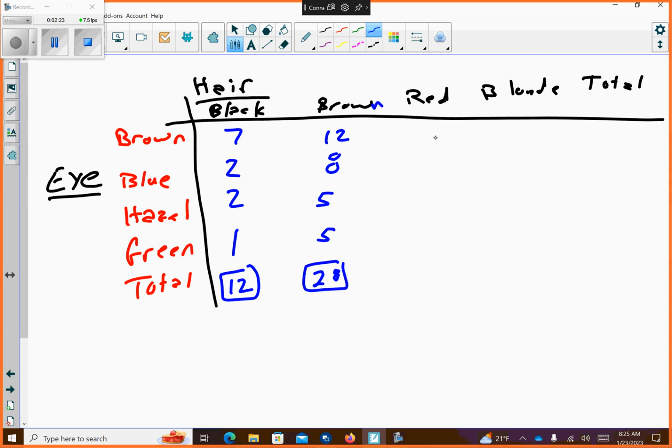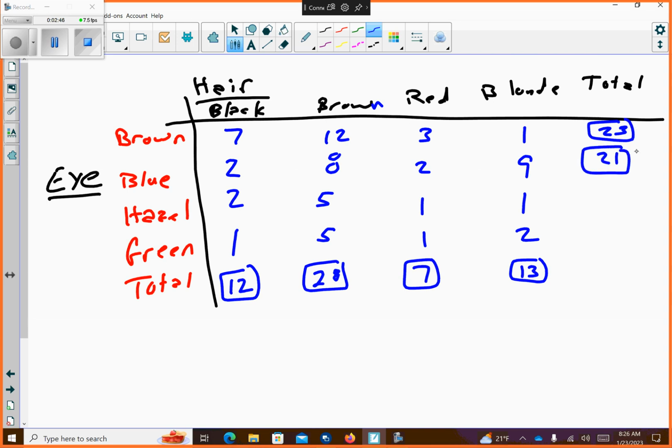And then we have red, we have 3, 2, 1, 1, which is 7. And blonde, we have 1, 9, 1, 2, 13. And then if we total it across, there's 23 people with brown eyes, 21 with blue eyes, 9 with hazel eyes, and 7 with green eyes. And then the total both ways, so the total going down and the total going across, is 60.